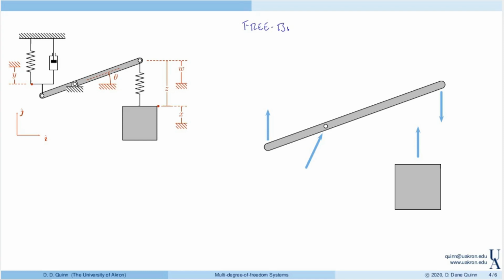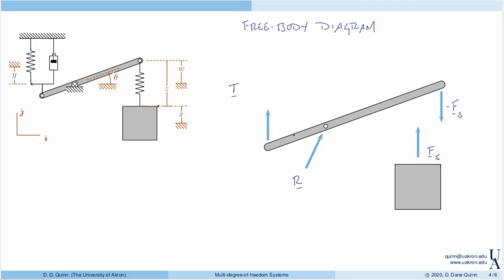And just for reference, I have included the coordinates that we defined on the previous slide. But now we want to write these forces, and remember this force was R, this force was T, this force was Fs, and this force is actually minus Fs, according to our previous definitions.